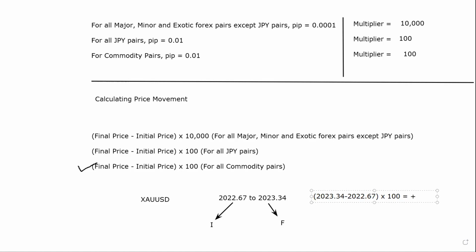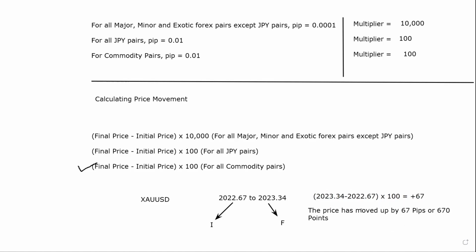We get the answer of plus 67, which means that the price has moved up by 67 pips. Okay. Or 670 points. Okay. So this is the conclusion we can draw. The price has moved by 67 pips or 670 points.